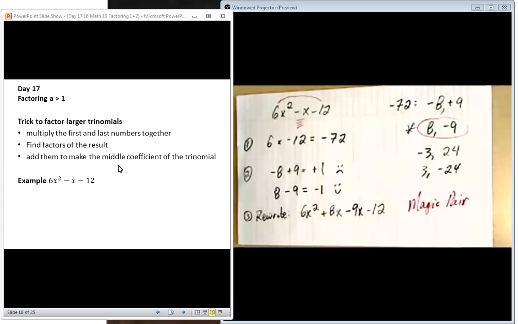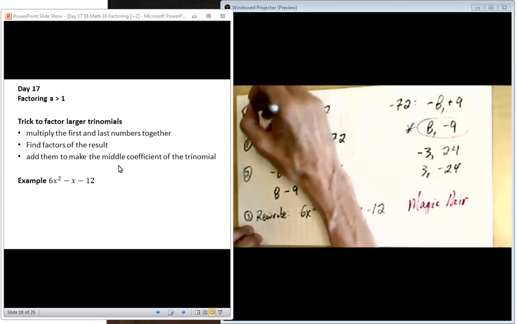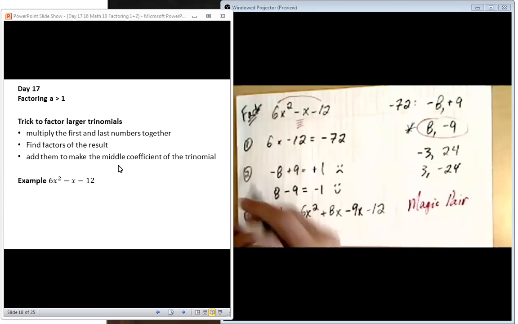Well, what happens now? We got to factor this thing. That's the goal. So I guess I should probably write that in. Factor that there. Oh yeah, it's on the screen over here. Factor this thing.